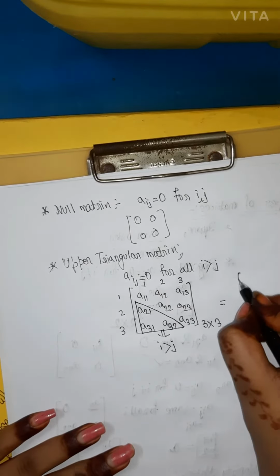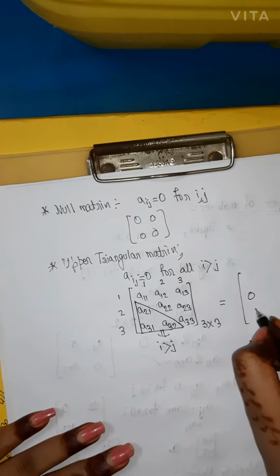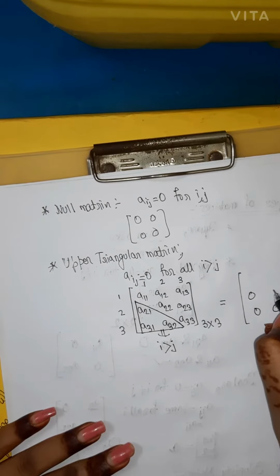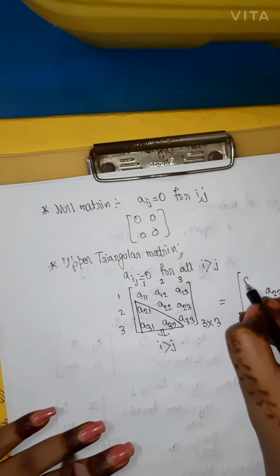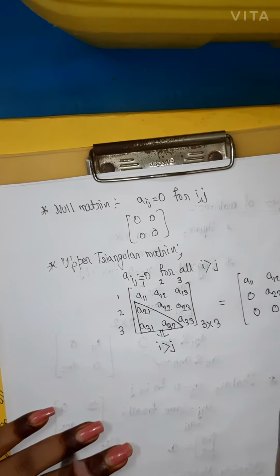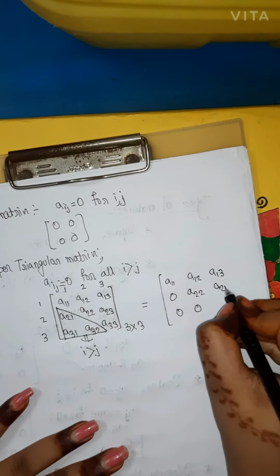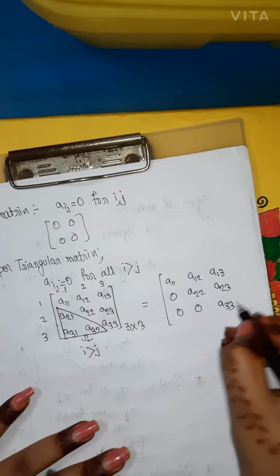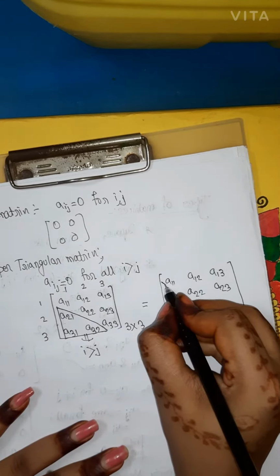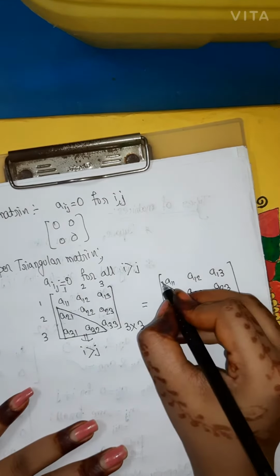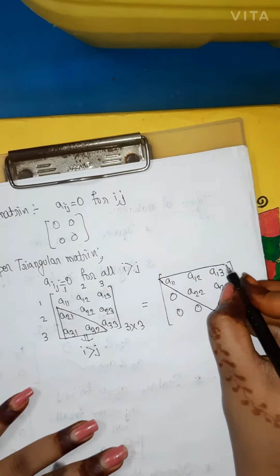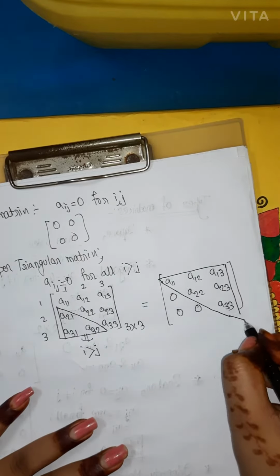So it will be 0 0 and 0, and a11, a12, a13, a22, a23 and a33.